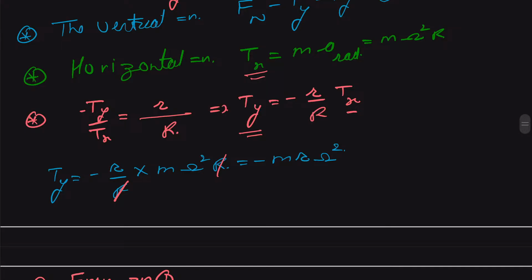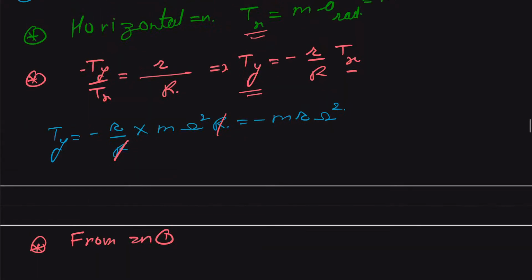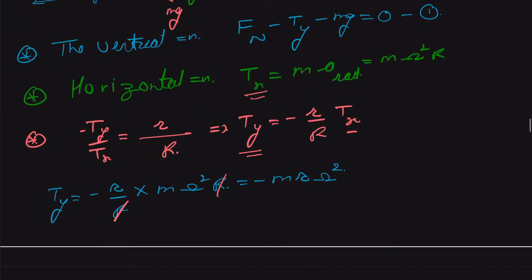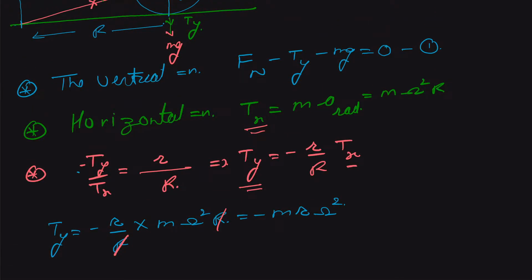we have our f of n. In this case we have to remember that because we have already considered the sign of minus T of y, I am going to write this as plus and this as minus T of y. It will be convenient to substitute the value.